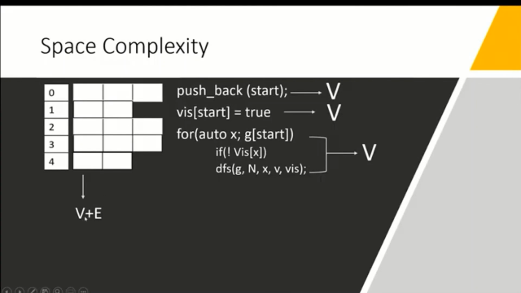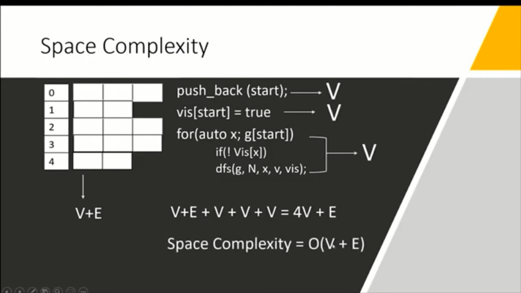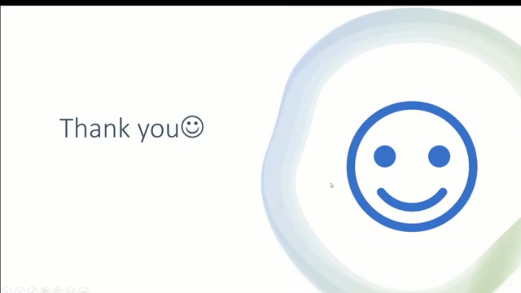So we assume it is V plus E. So V plus E plus V plus V plus V equals 4V plus E. Since 4 is a constant, we can remove it and we get the space complexity as O(V plus E). So that's all from me.